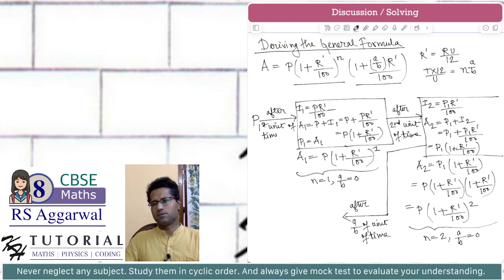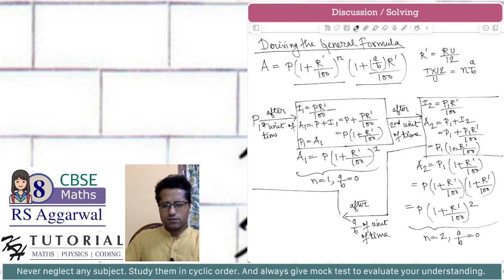For that fractional part, we also have to calculate the interest. In the calculation of the interest after this fractional part of a unit of time, the calculation of interest I3 will be a little different. It will definitely be that the previous principal will be P2.